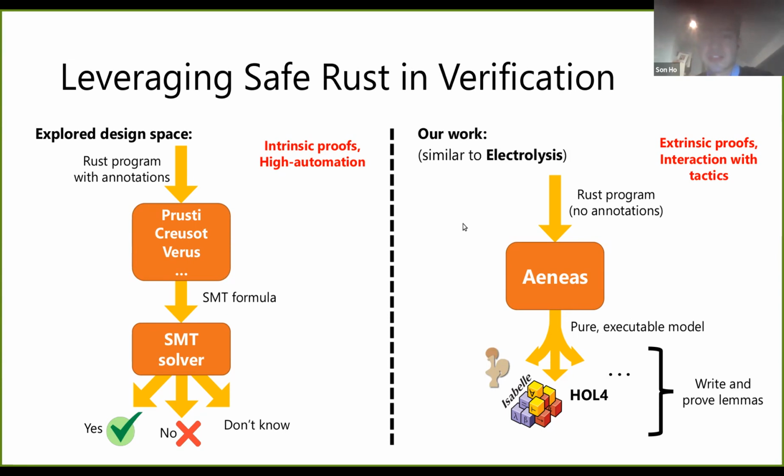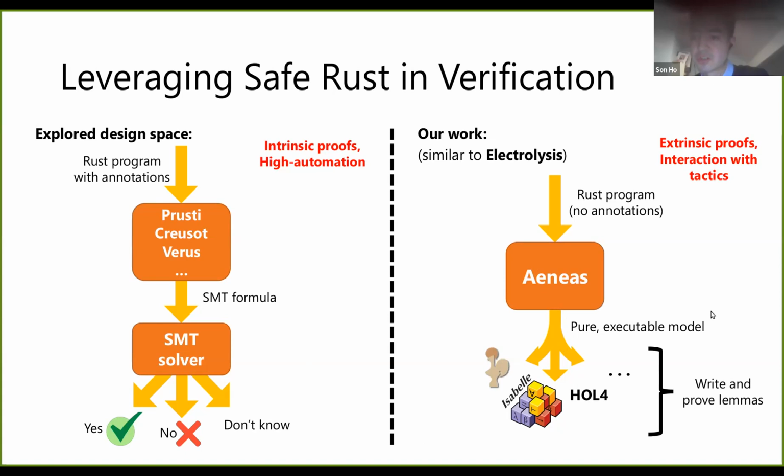Now, in practice, this is actually similar to a previous work called Electrolysis, which targeted Lean. And what we're trying to achieve here is to have something more flexible, which targets more backends, not just Lean, and also more systematic and principled, so that in the long term we can support a bigger subset of Rust.